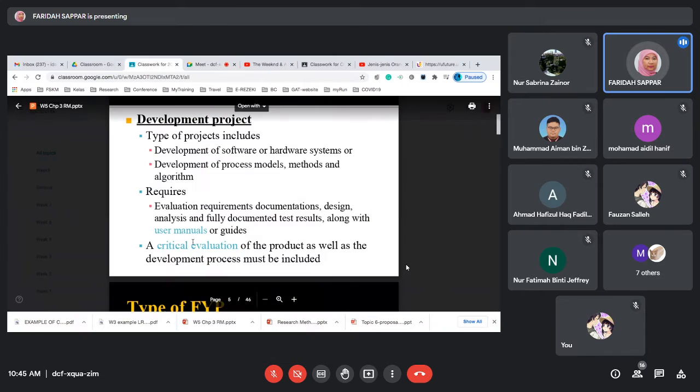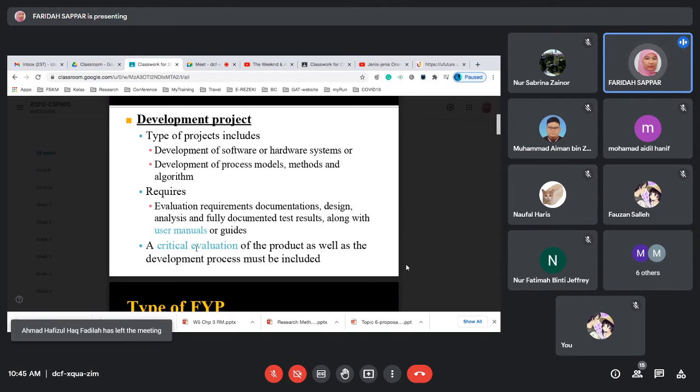Okay, on the critical evaluation on the product, so basically for 255, when our system is finished, we have to do some types of testing. Development is more on the application, so for network students, we don't focus on evaluations or analysis on the application part, the apps, the software part.